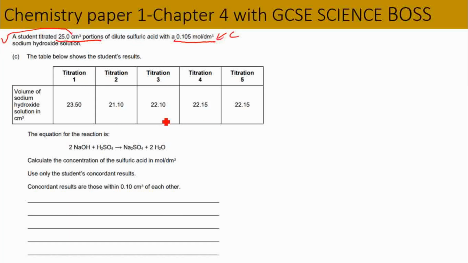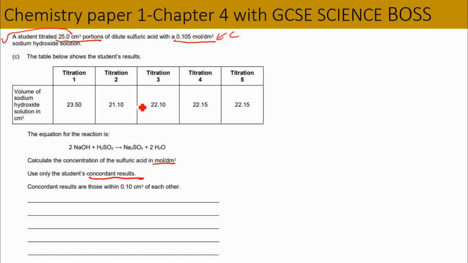After doing the titration, these are what your values look like. The equation for the reaction is 2NaOH plus H2SO4 to form Na2SO4 plus 2H2O. Calculate the concentration of the sulfuric acid in moles per dm cube. You need to use concordant results, the results which are within 0.01 moles per dm cube of each other.